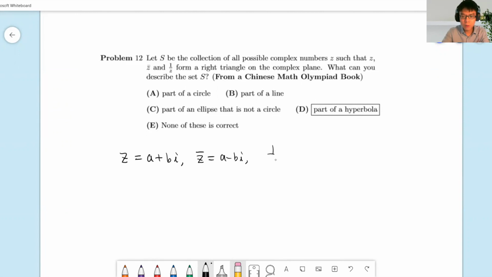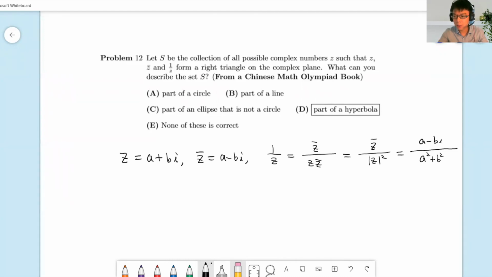And 1 over Z equals Z conjugate over Z times Z conjugate, which is Z conjugate over the modulus of Z squared. So it's basically a minus bi in the numerator and a squared plus b squared in the denominator. Those three complex numbers make a right triangle. Let's see what that means.